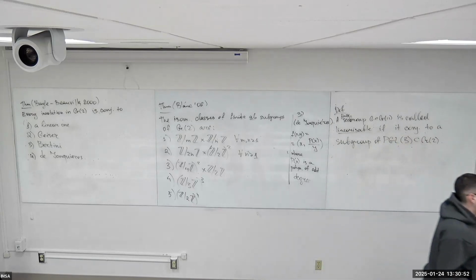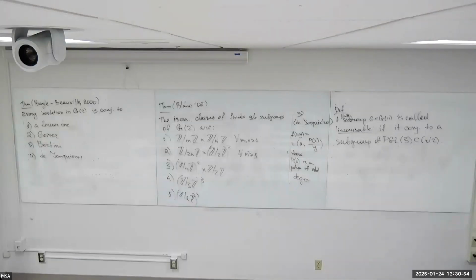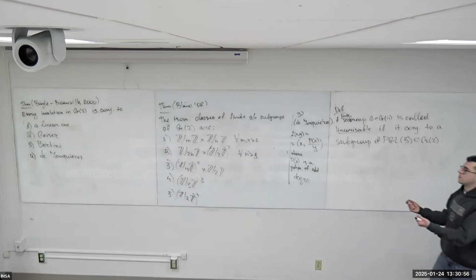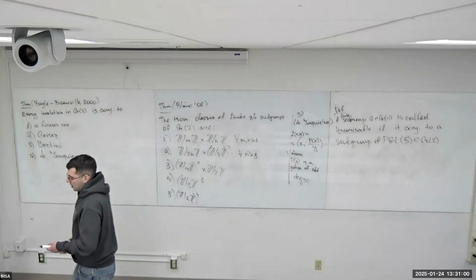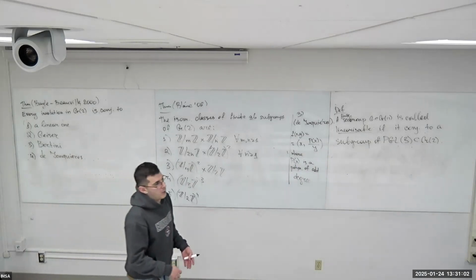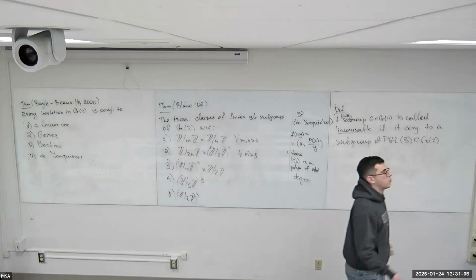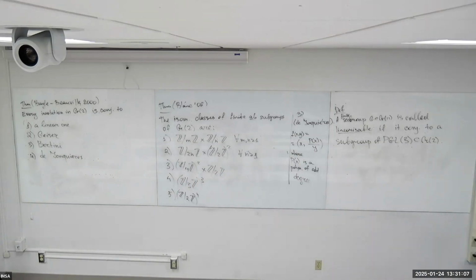So what this definition means is that we want to study those subgroups that come from PGL3, keeping in mind that we understand the subgroups of PGL3 well enough. It's a classic result, roughly 200 years old.